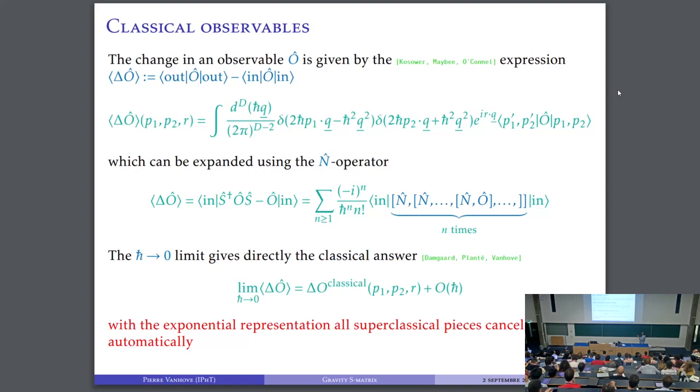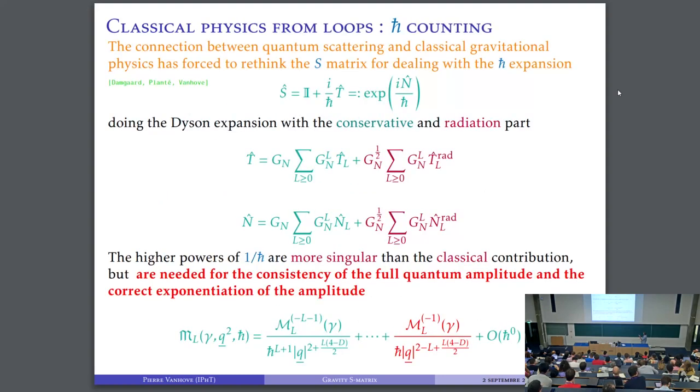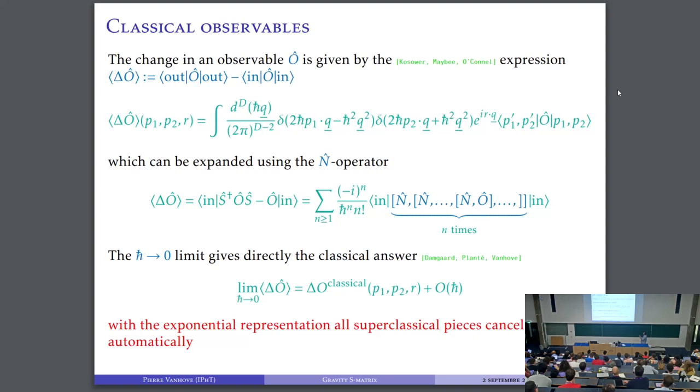This is the KMOC, which tells you that you are computing the difference between the out-out and the in-in states. So if you massage this expression, you can rewrite it in terms of an infinite series of nested commutators, where these commutators involve this N operator, with the operator you want to compute inserted.